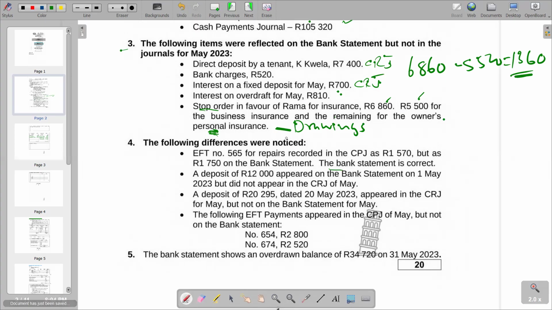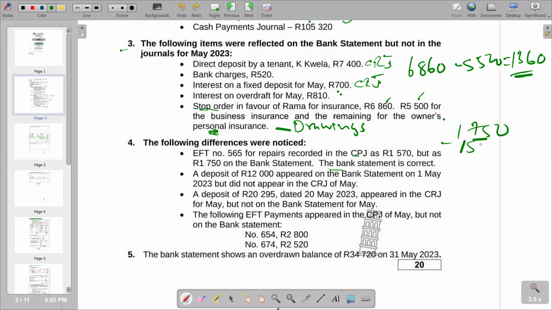But what is going to be affected is the journal. So which journal now? This is EFT number for repairs recorded in the cash payment journal. So this is under the cash payment journal. So we have 1,570 instead of 1,750. So it means we entered in the cash payment journal a smaller figure. So we need to find the difference so that we can get 1,750, which is correct. So we are saying 1,750, and then subtract 1,570.